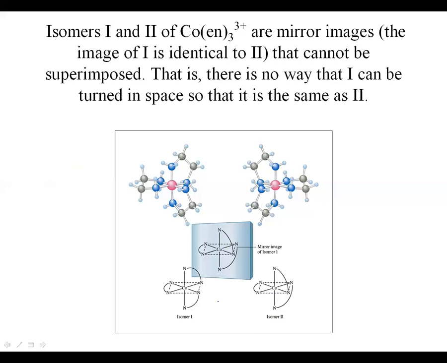And you can rotate it as much as you like, but the problem is, if you really analyze this, they will never fit right, because here, the original end-to-end bond is here. But in the mirror image, that bond gets moved all the way back here.